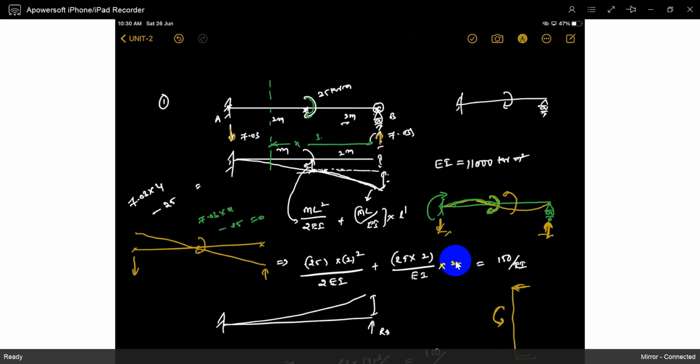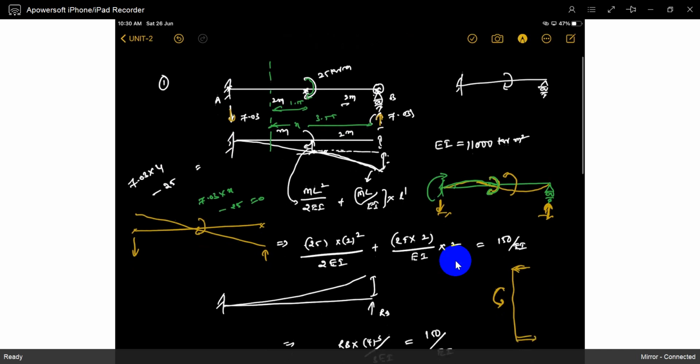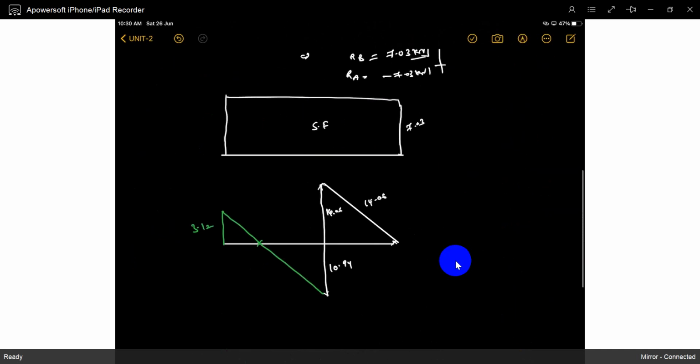So this is 3.55. So 2 minus this is 1.55. Understood? So this is 1.55. This is 2 meters. So what is the remaining? 0.45.